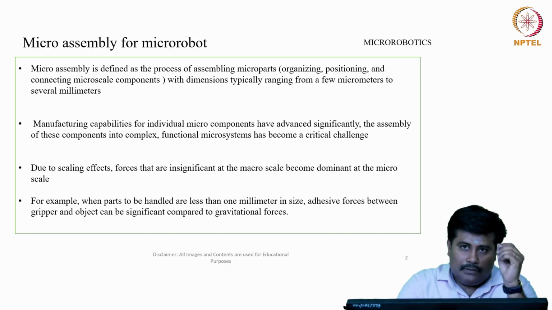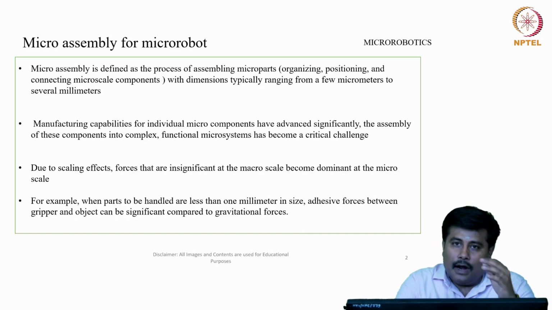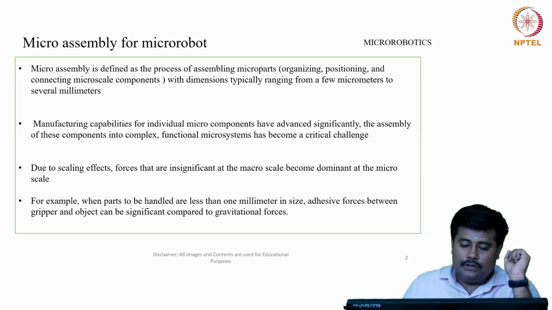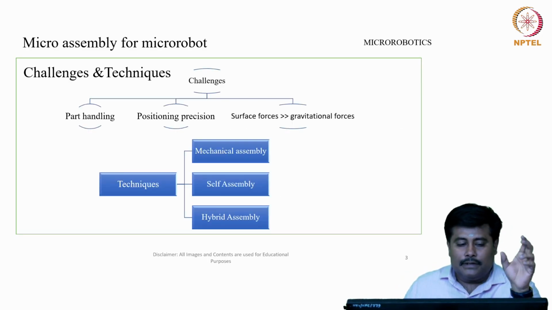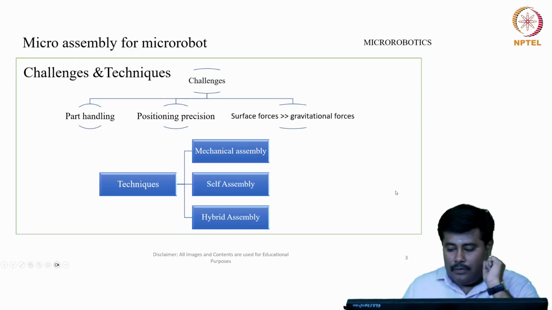For example, when a part handled is less than 1 millimeter in size, the adhesive force between the gripper and the object can be significant compared to the gravitational force. Through this concept, we can establish such micro assemblies.